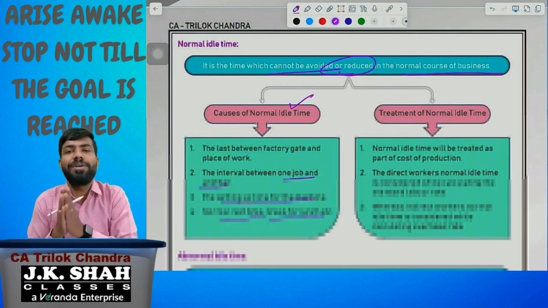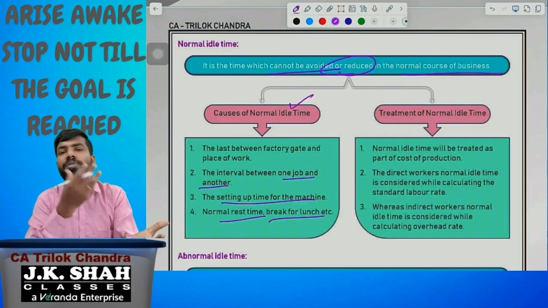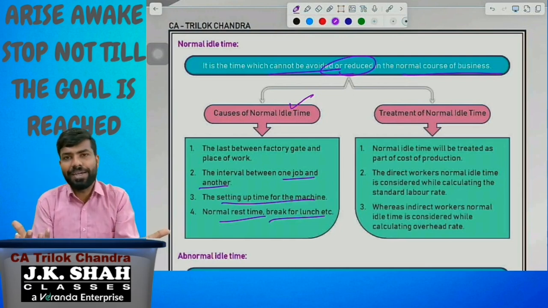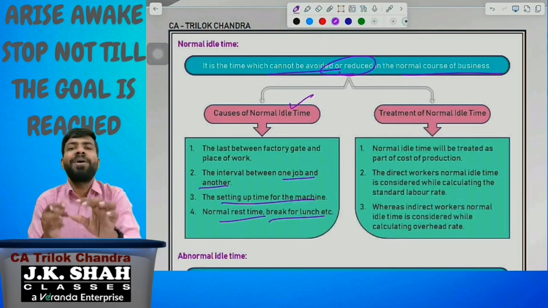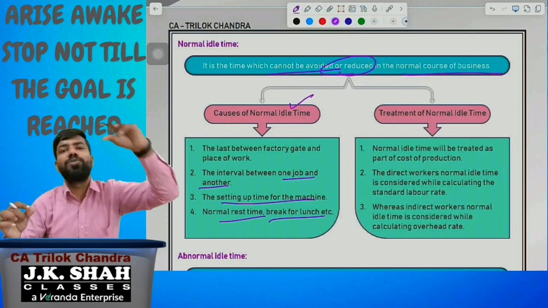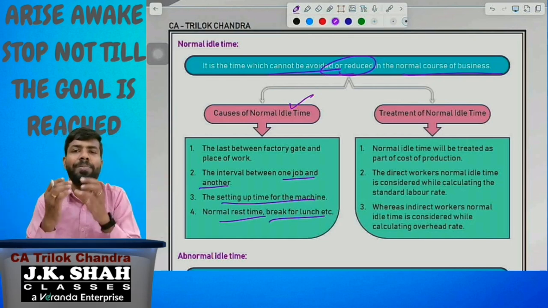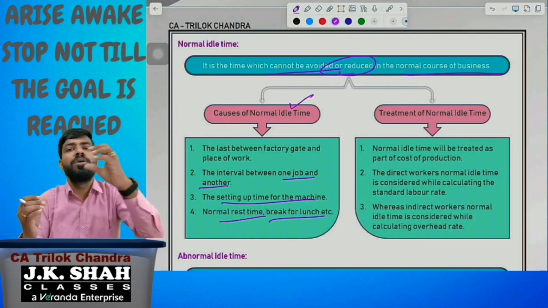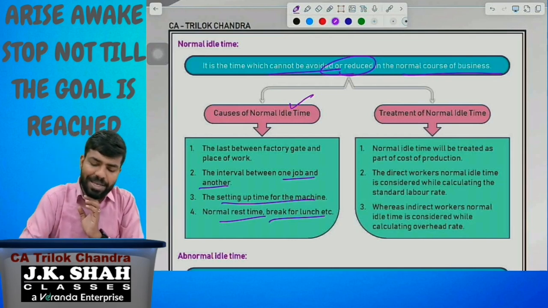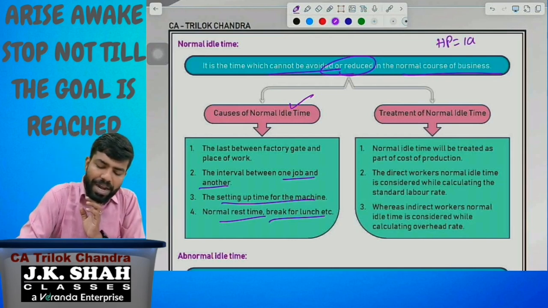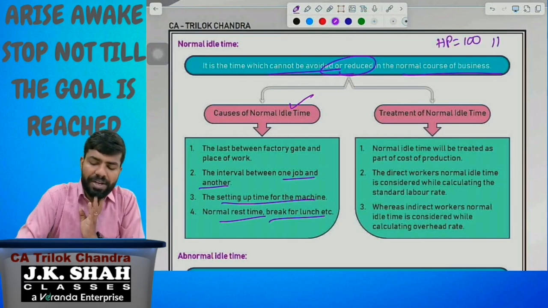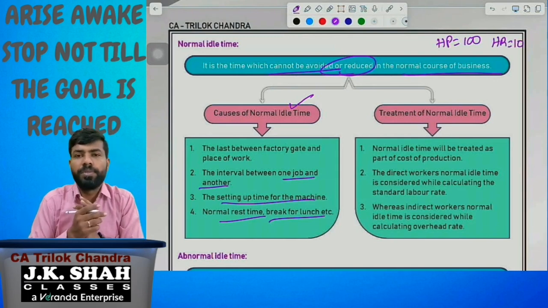Now let us discuss the treatment. First we discussed the causes. Now we are going to discuss the treatment of normal idle time. How to treat that? The normal idle time cost will be added to the good hours. Let me take an example. Hours paid equal to 100, hourly rate equal to 10.